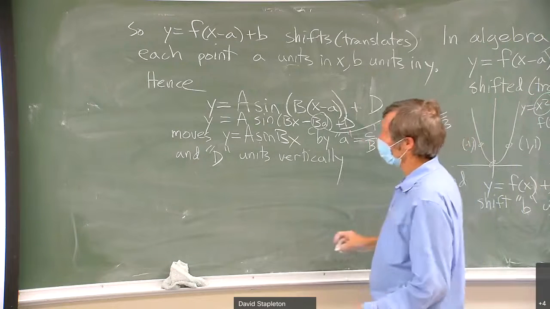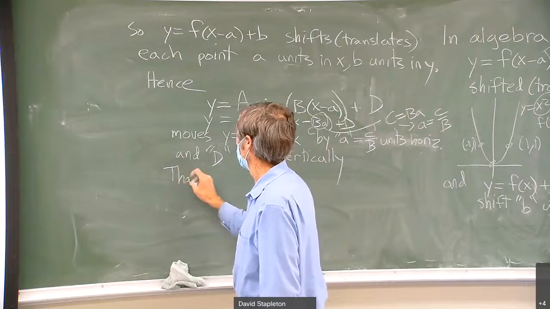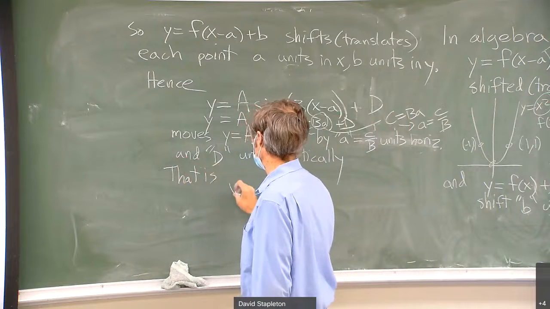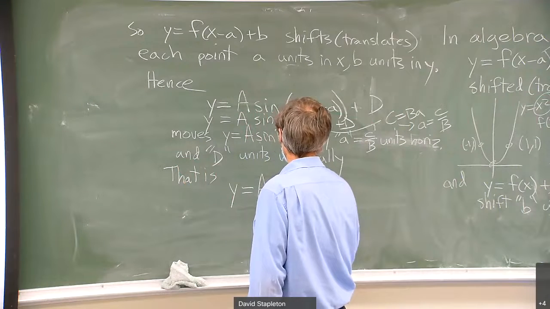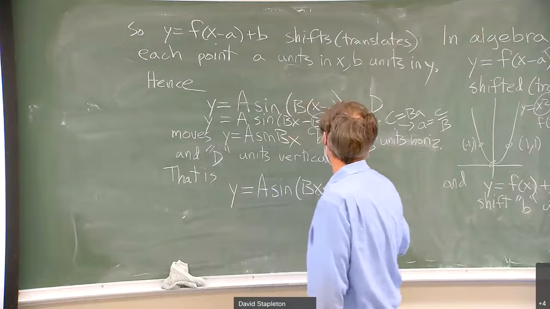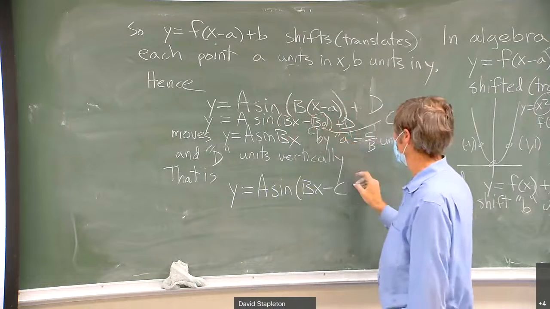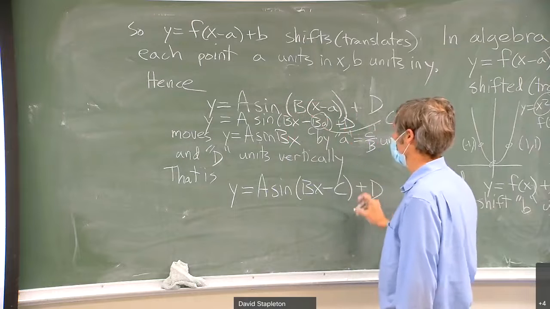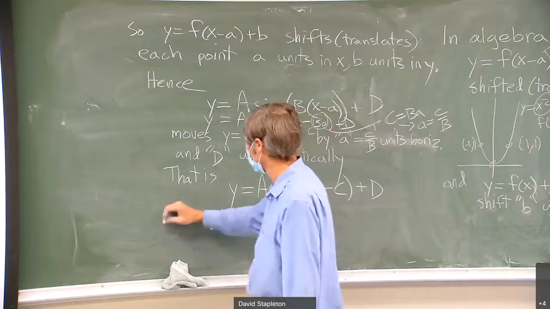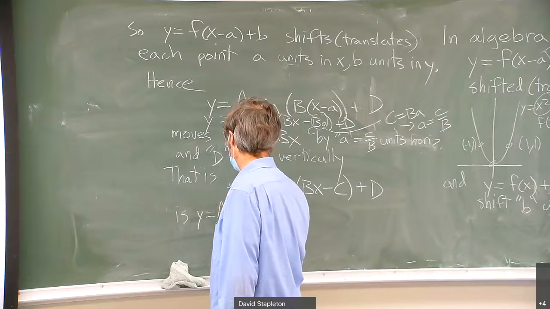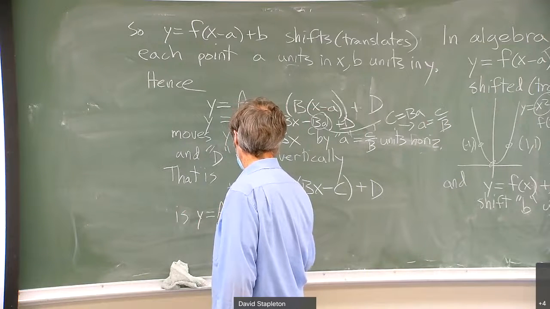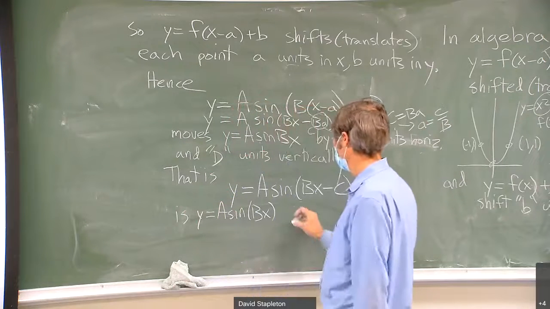And what we've deduced is that if I write these letters, y equals a sine bx minus c, I'm calling this c, plus d, is the graph we already did, y equals a sine bx. That was the stretched one.